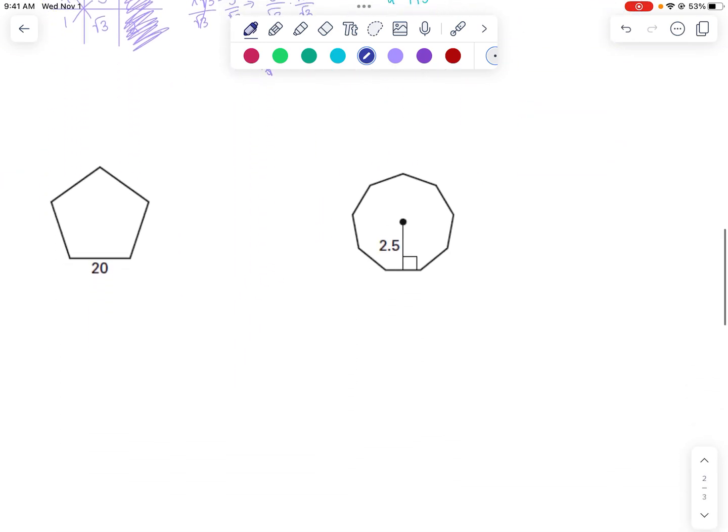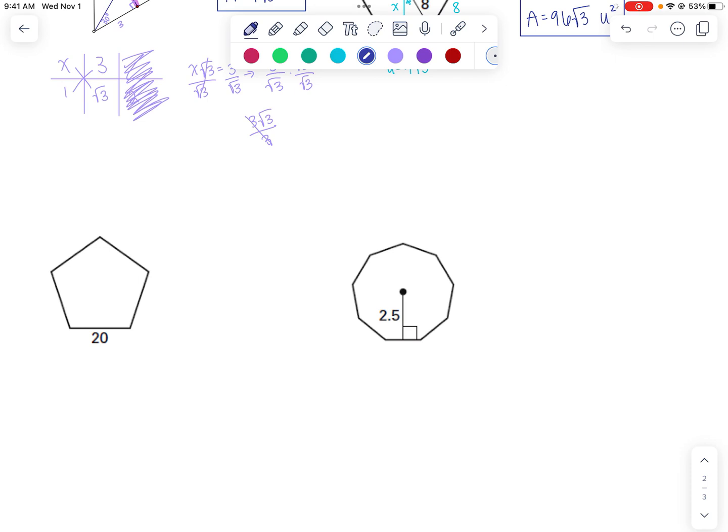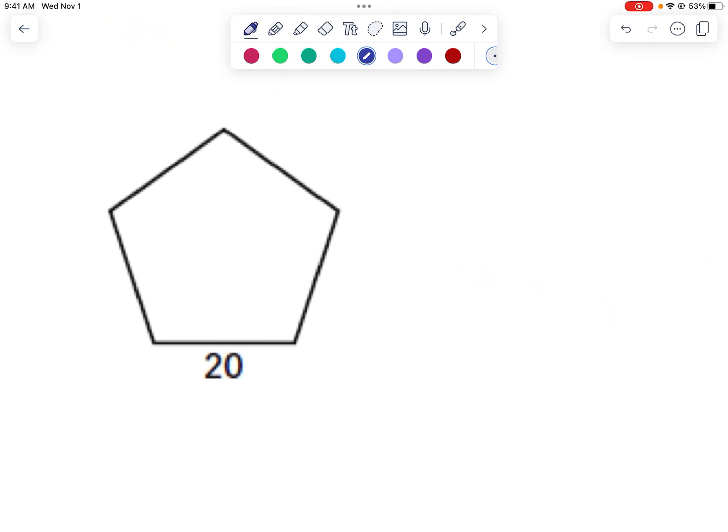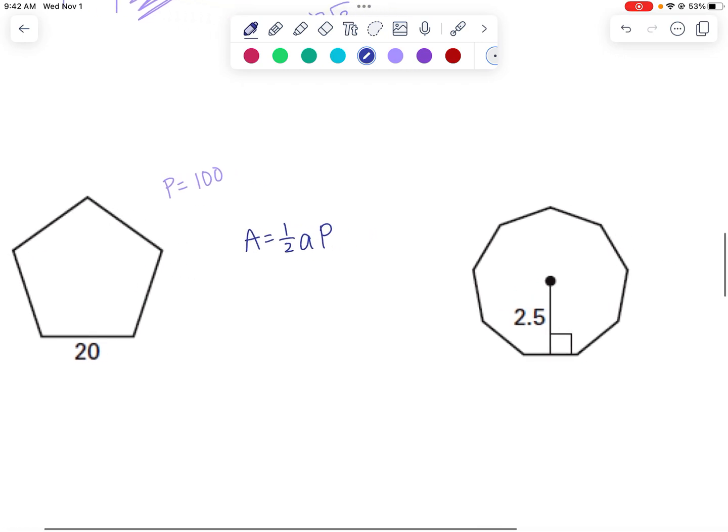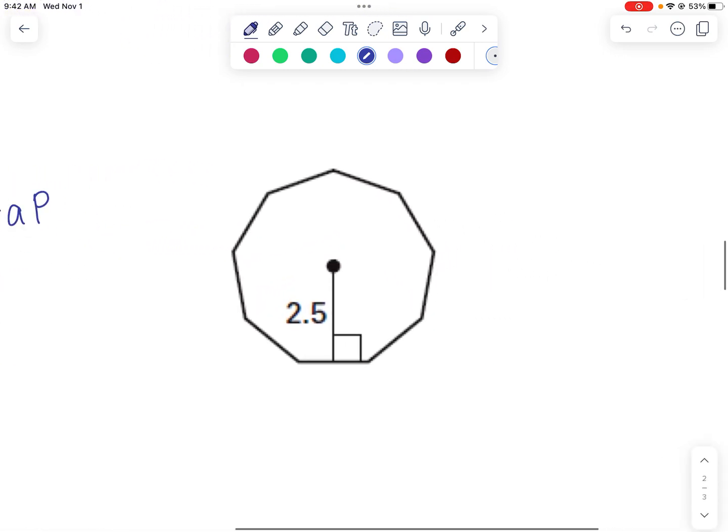Now, if we take a look at these last two, I have a problem on both of them. On this one, I have the side. So I can tell you the perimeter: it's a pentagon, 20 times 5, the perimeter is 100. But in order for me to use that area of a regular polygon formula, I'm missing the apothem, okay? If I look over at this other one, I have the apothem.